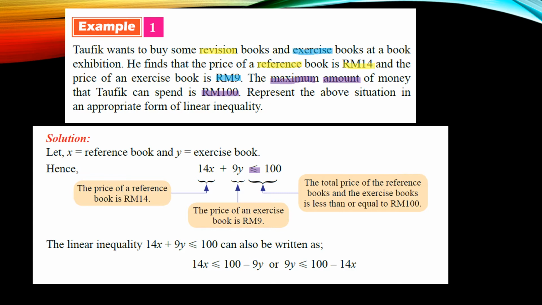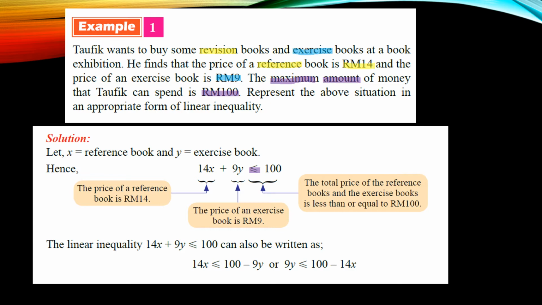That means he can only spend 100 ringgit or less than 100 ringgit, because the maximum amount means the total money that Taufik has is up to 100 ringgit. The total price of the reference book and the exercise book must be less than or equal to 100 ringgit.